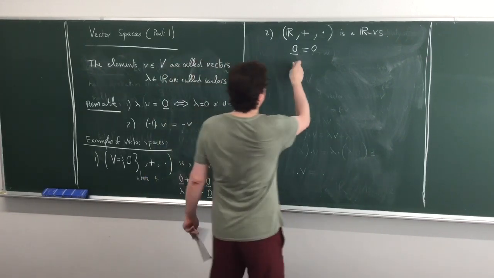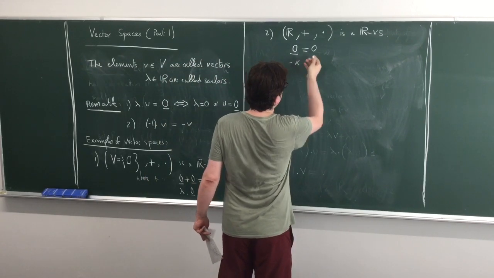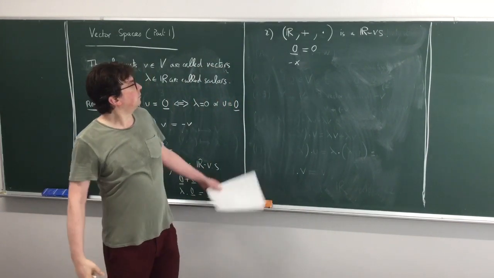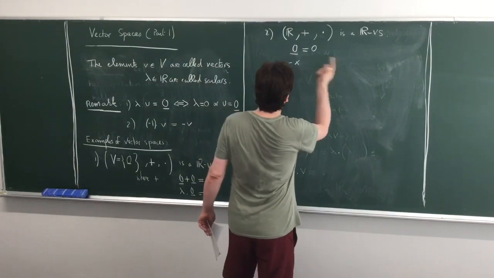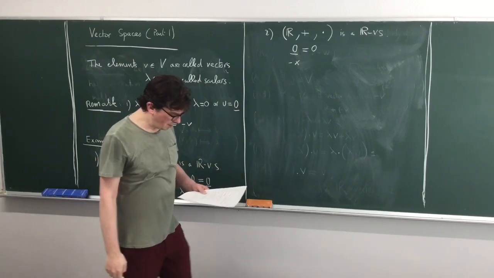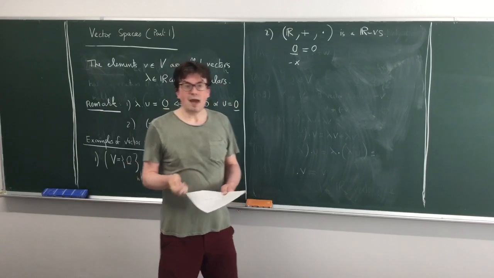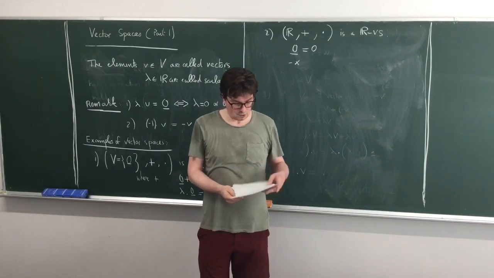And the inverse of a real number x will be minus x, which has a meaning, where x is a real number. So this is well defined. Okay, so this satisfies indeed the 8 conditions, and it is an R vector space.